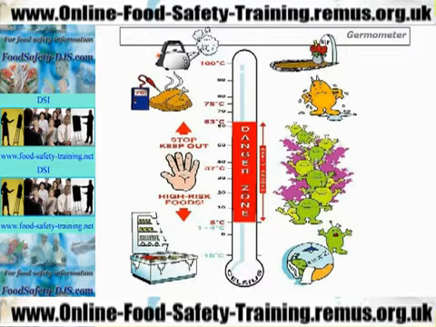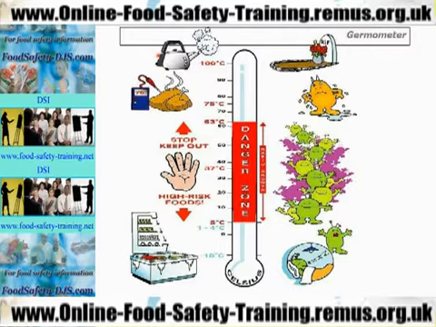The next major temperature is your chiller or fridge temperatures, 1 to 4 degrees Celsius. Again, with a couple of exceptions, bacteria will not multiply at these temperatures. They will remain dormant. The next set of temperatures is the temperature danger zone. That's the red area that you can see.